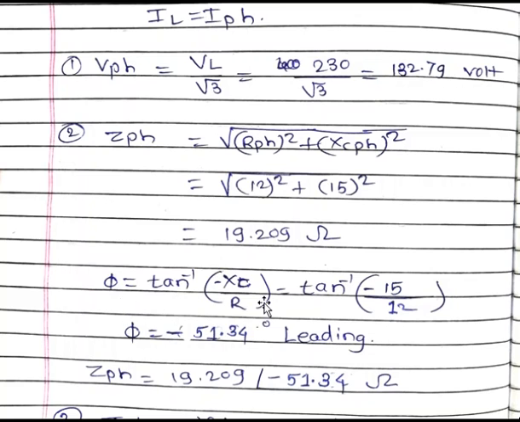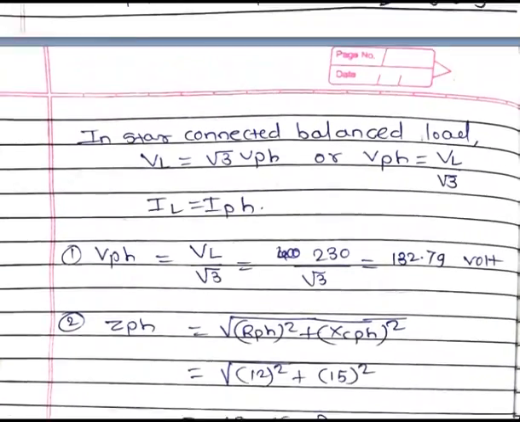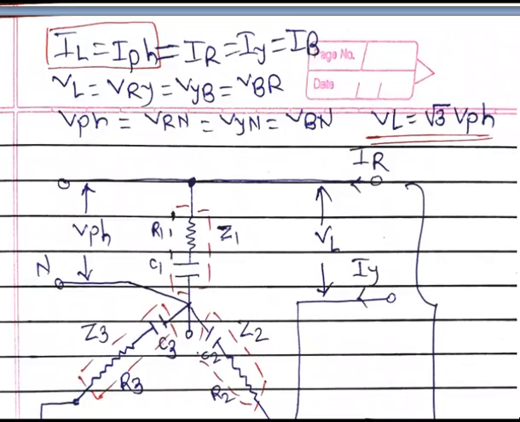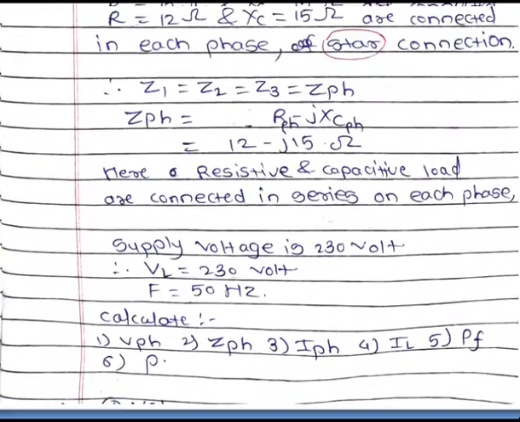Now we calculate the phase angle phi. Phase angle phi is equal to tan inverse of minus XC divided by R. Here we see in rectangular form we write the value of impedance Z is equal to 12 minus J15 ohm, because in rectangular form when we consider the capacitive reactance, then the sign is minus.